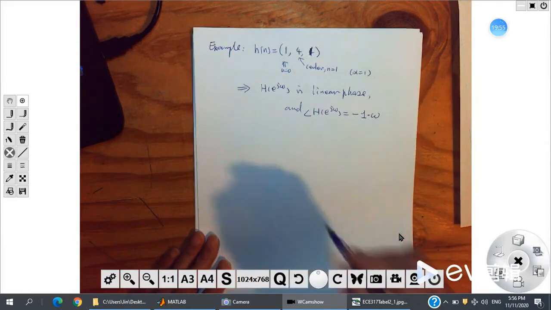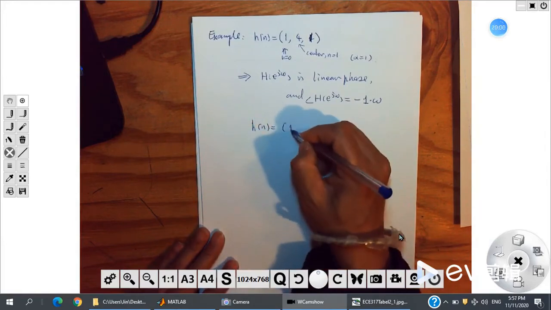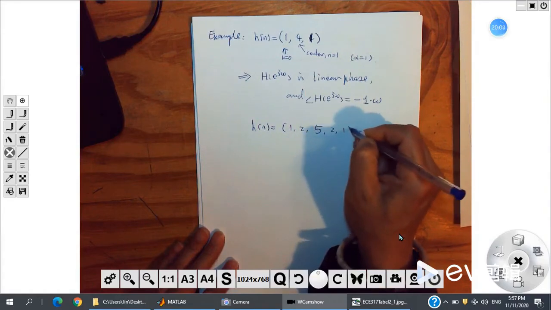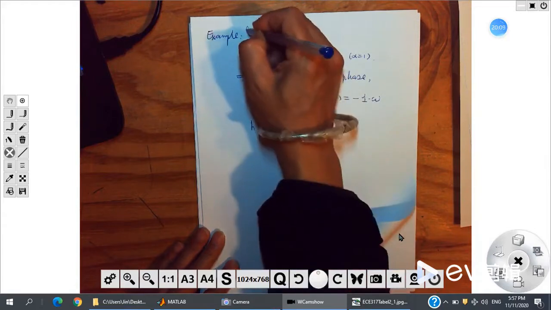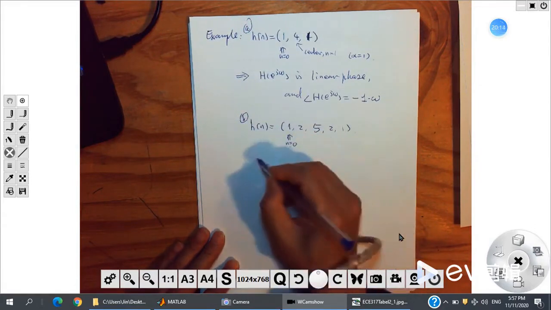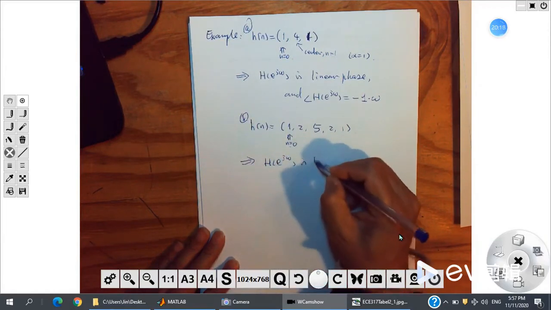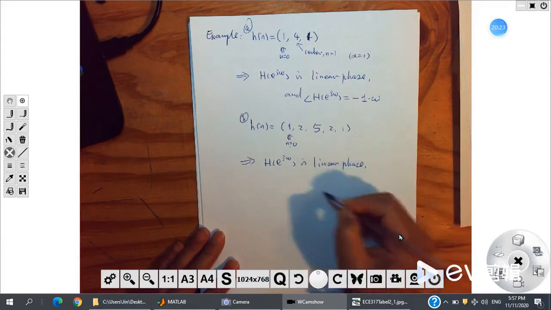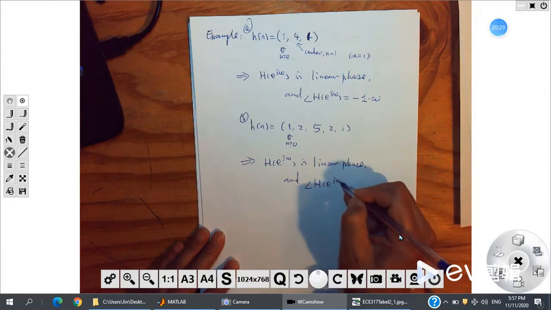And another one, h of n equal to 1, 5, 1. Okay, this is n equal to 0. Say this is A, this is B, example B. Then this one is also linear phase, and the angle of H(e^jω) will be what?